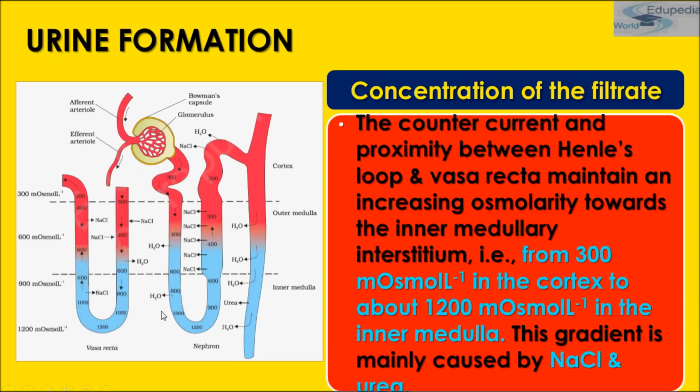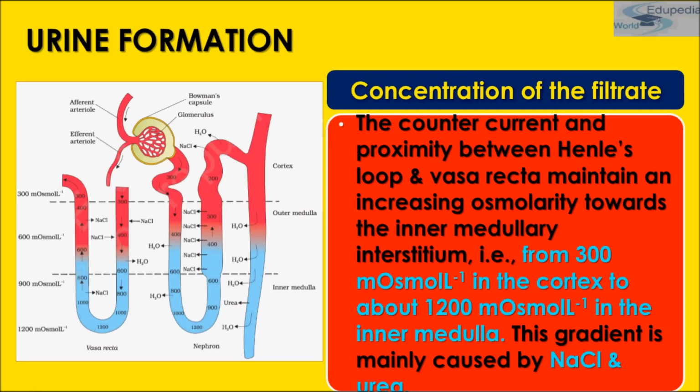The descending limb of Henle's loop is permeable to water, as I have already taught you, but impermeable to electrolytes. While the ascending limb of the loop of Henle is permeable to electrolytes but impermeable to water.